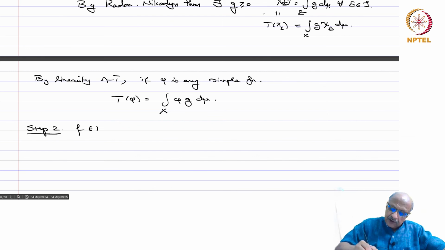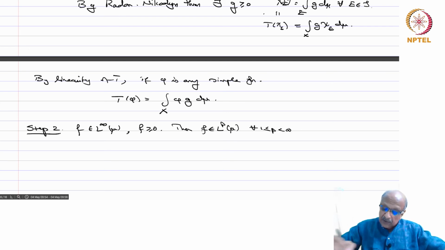Take f in L infinity mu, f non-negative. Then of course f is in Lp mu for all 1 less than or equal to p less than infinity. This is because mu is finite.